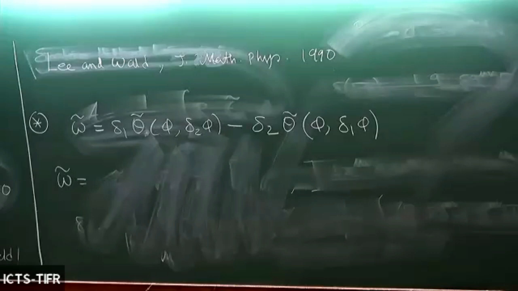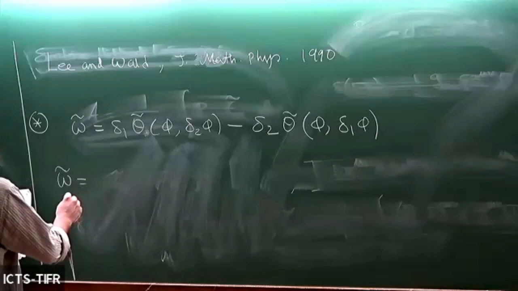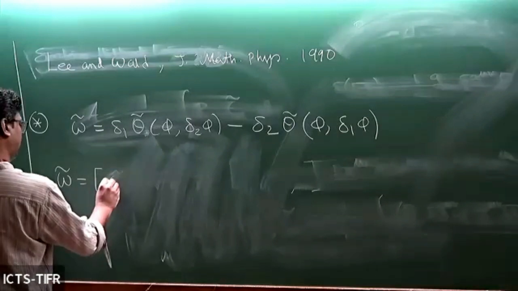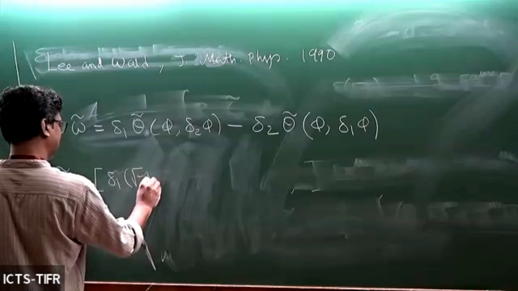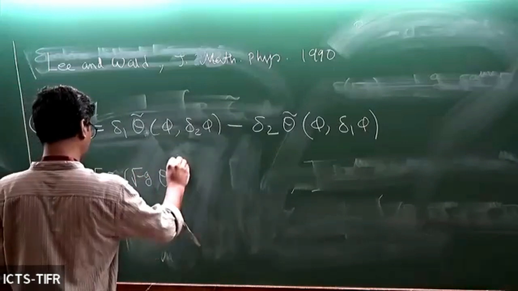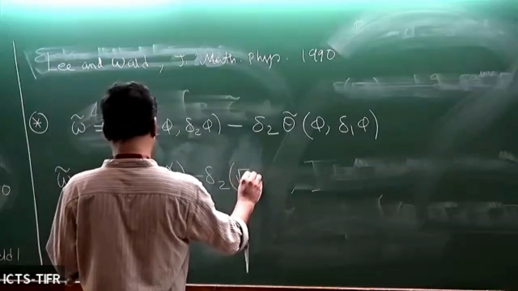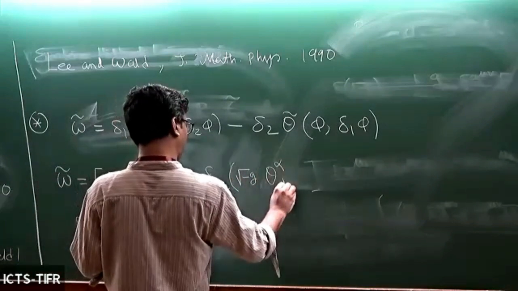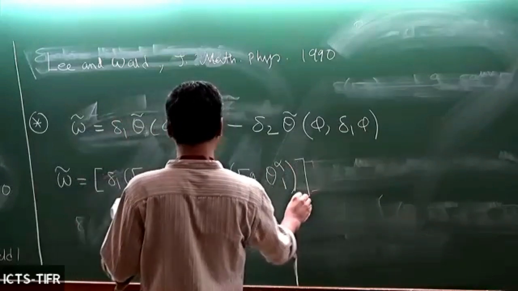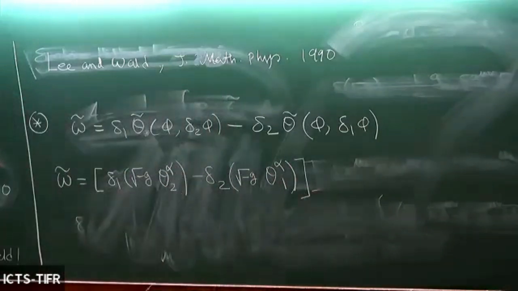If I take another delta, it will be the second variation, as I pointed out. You can write it as delta 1 square root of minus g theta alpha 2, I hope this notation will be clear, minus delta 2 square root of minus g theta alpha 1. And then these objects will come.